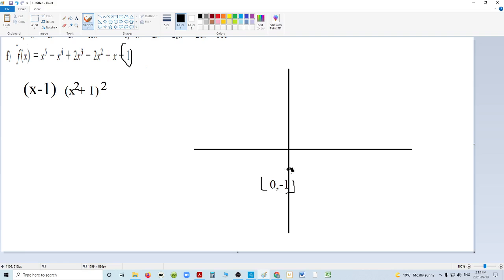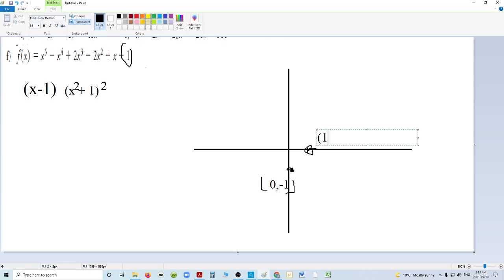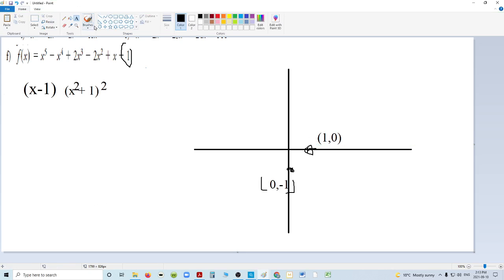You always label your stuff like this. Then here's the other x-intercept. That was the y-intercept. The x-intercept happens to be at (1, 0). And you label it. And you can always explain why you know the graph starts here. You do not know how it's going to behave. You do know it's going to go through there.